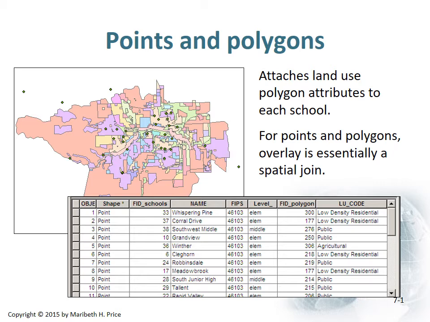Well, a spatial join like this overlay just forces the data together. In this case, it's forcing the polygon data into a new output table and a new output feature class that will be a point feature class containing information from both the parent point data set and the polygon that was overlaid onto it.